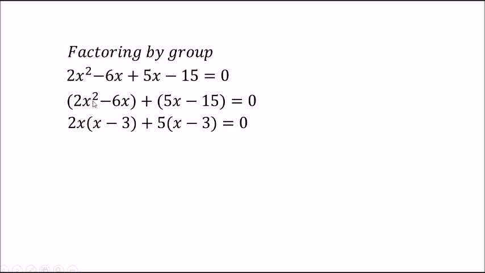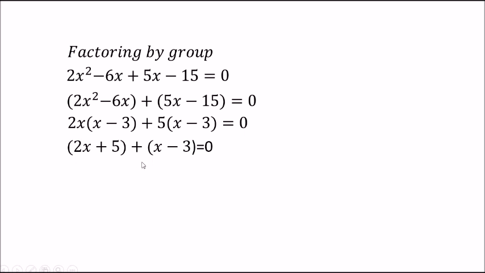Ang factor ng 2x squared minus 6x ay 2x times x minus 3. Kapag pinag-multiply ninyo ito, ang result ay ito din. So, dito naman sa ikalawa, the factor of 5x minus 15 is 5 times x minus 3, because 5 times x is 5x and 5 times negative 3 is negative 15.